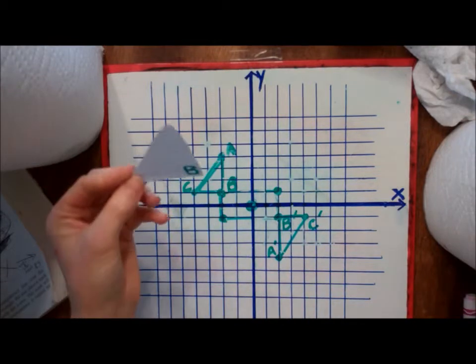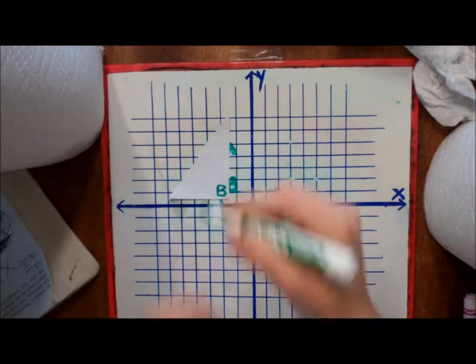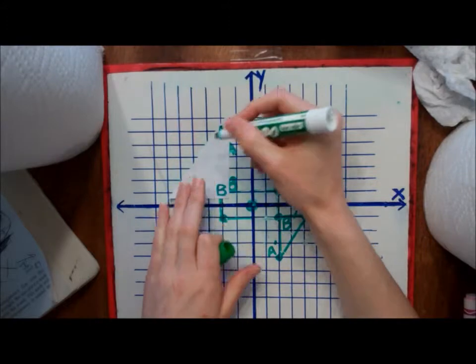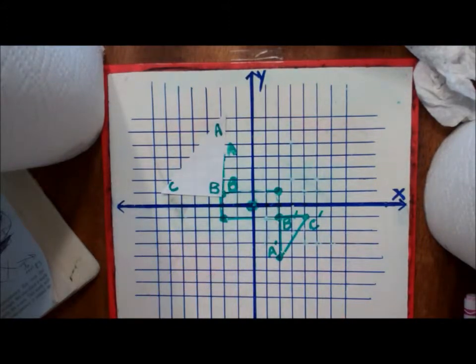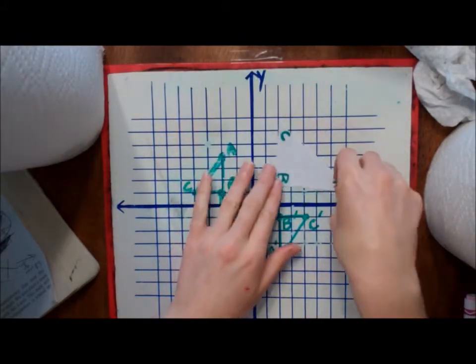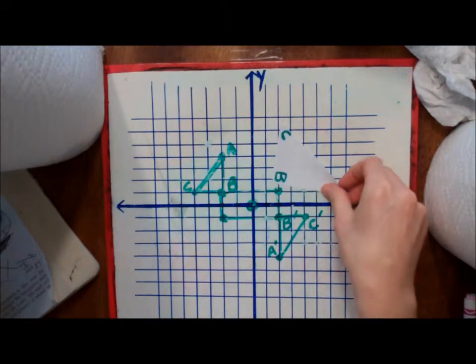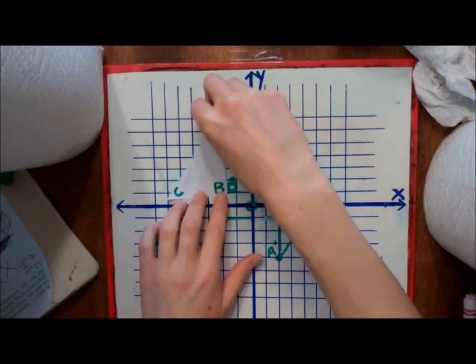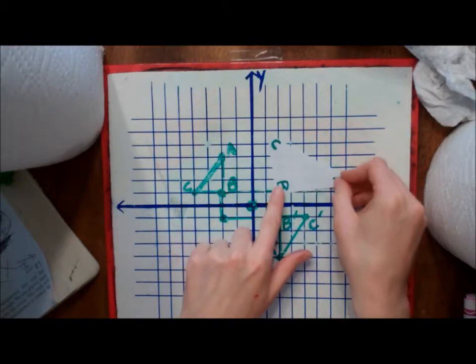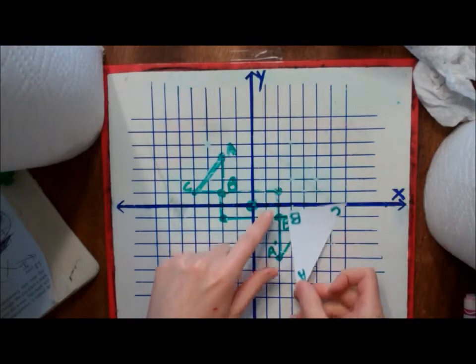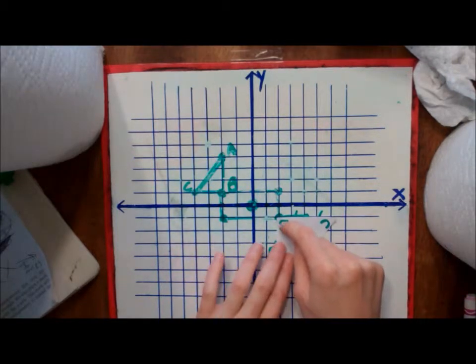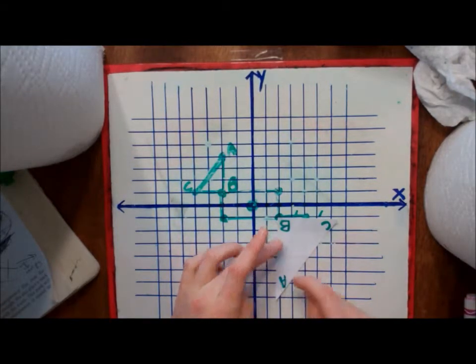Now it may help you to draw one of these and actually put A, B, and C on it, so that when you rotate it 90 degrees, you know where to put it every time. So right now I have A, B, C, and I rotate it 90 degrees, then 180 degrees, and I know that my C is supposed to be here and my A is supposed to be here.